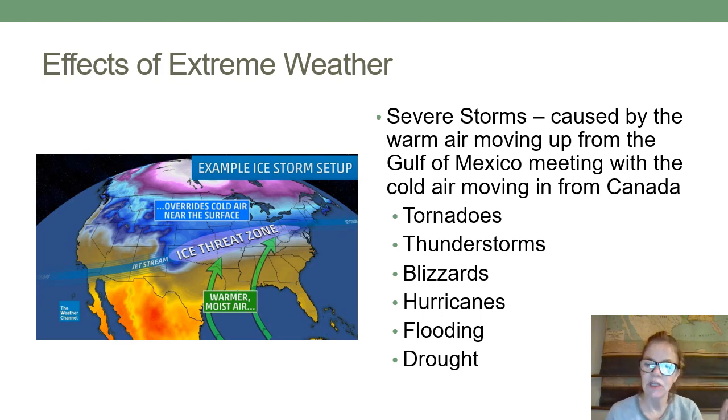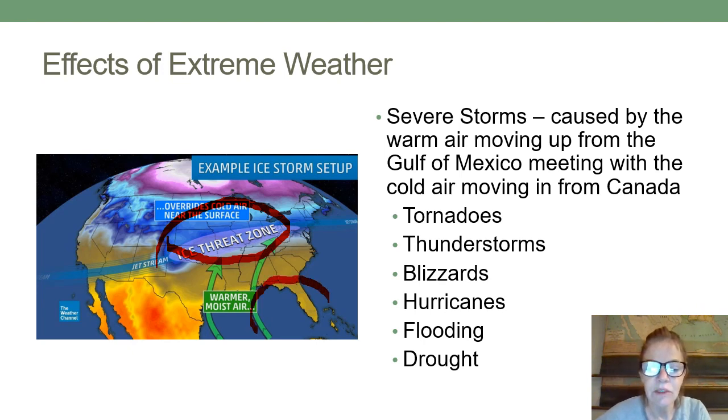Also because of the jet stream that comes across the country. So in the location where we live, we get these severe storms in through here, right? We get tornadoes, as it says here, thunderstorms, blizzards. We do not get hurricanes, but we can get flooding and drought. They can get the hurricanes, of course, down in through this location and along the east coast of the United States.